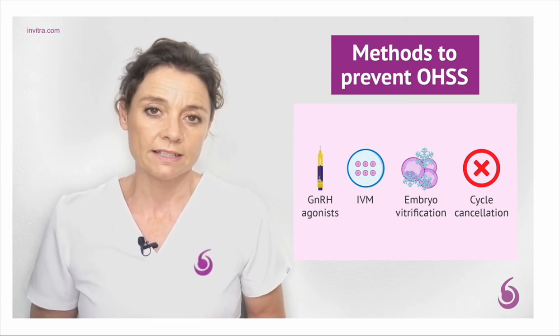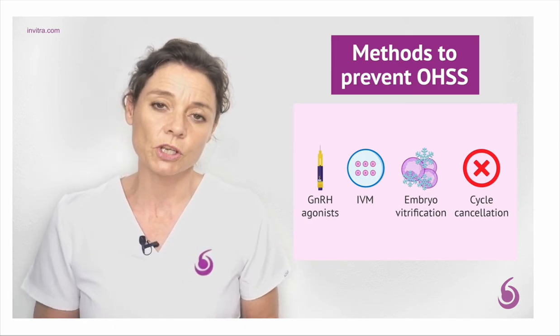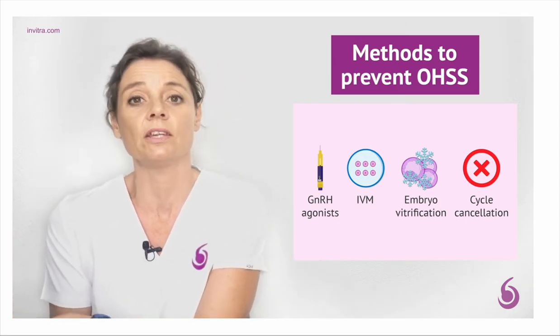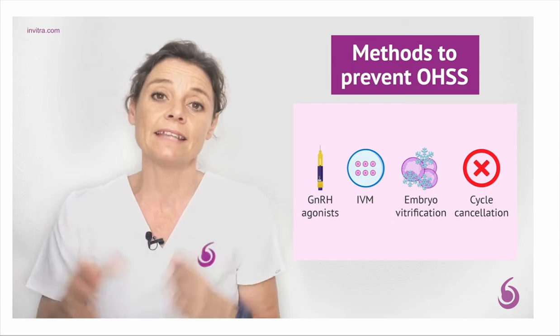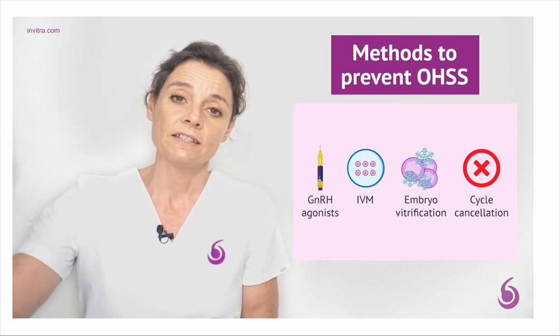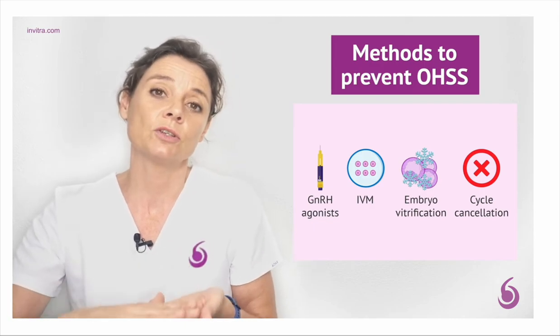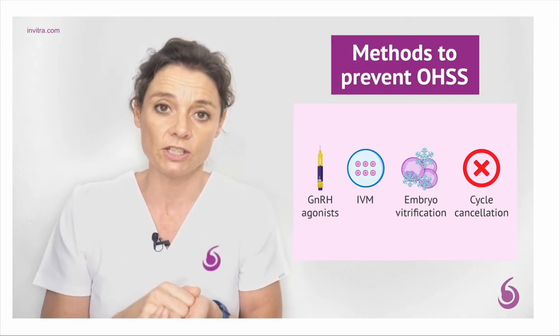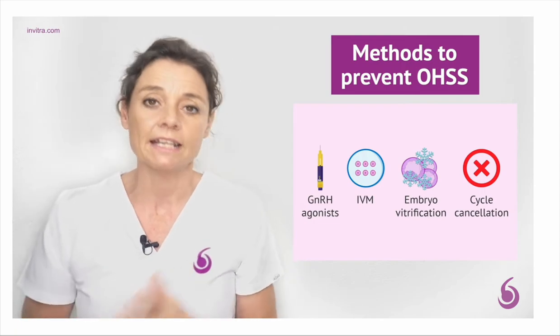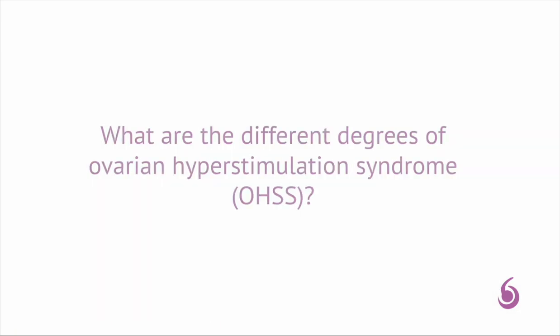If OHSS does develop, another option is to take the embryos and cryopreserve them via vitrification for future use, instead of transferring them in this cycle. When the situation has cleared and the patient is now free from the OHSS, the embryo transfer can be programmed without any risks to the patient.